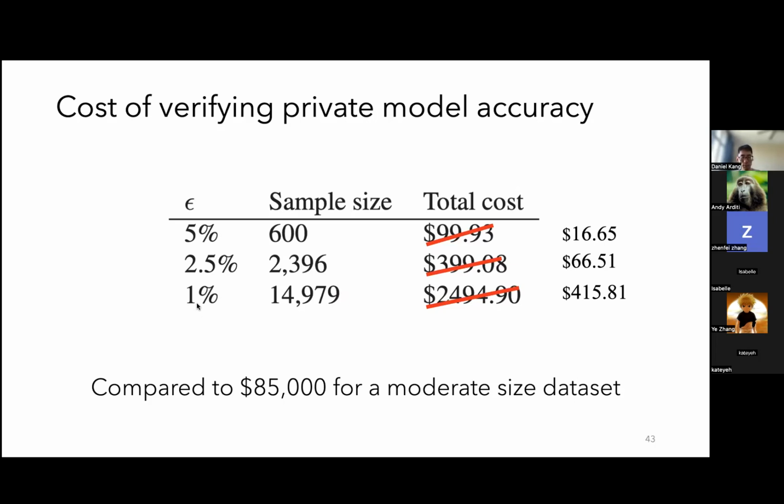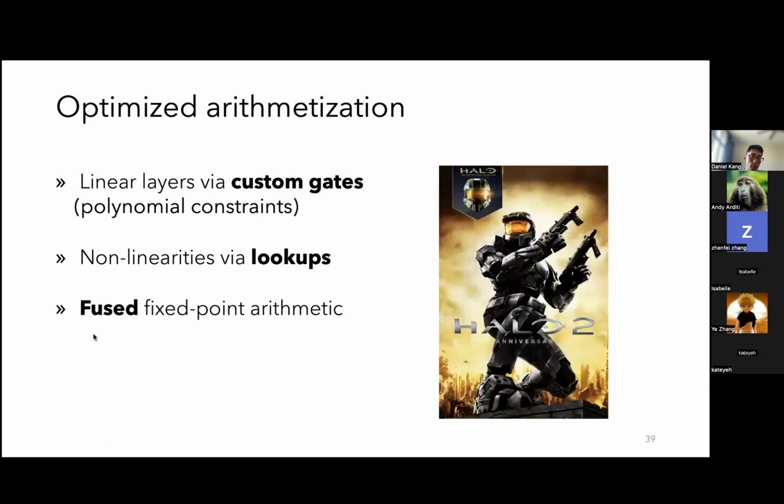Got it. Cool. And then I had more of a technical question. I don't know whether you can maybe elaborate on the non-linearity part. The one-liner was using lookup tables for non-linearities. Then how do you actually prove the lookup table non-linearity is correct?